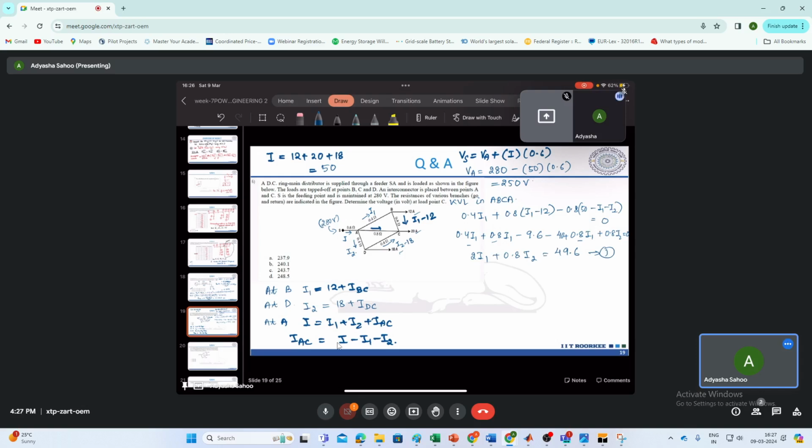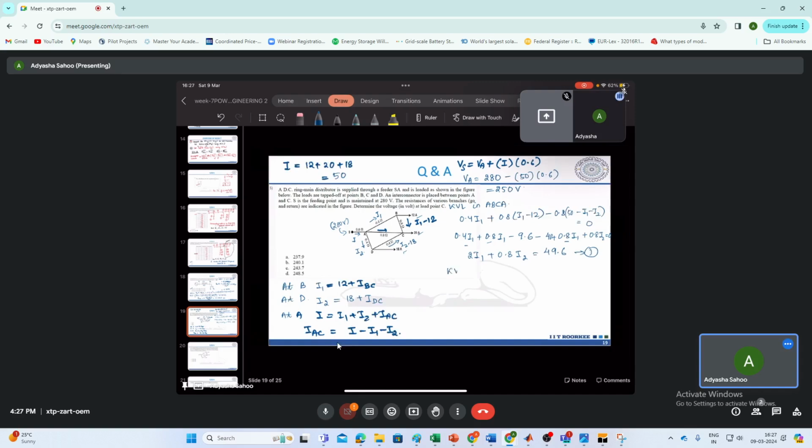And for equation 2, let me write the KVL in ADCA, the lower loop. So 0.4 I2 plus 0.4 I2 minus 18, then minus 0.8 times I minus I1 minus I2, that is equal to 0.